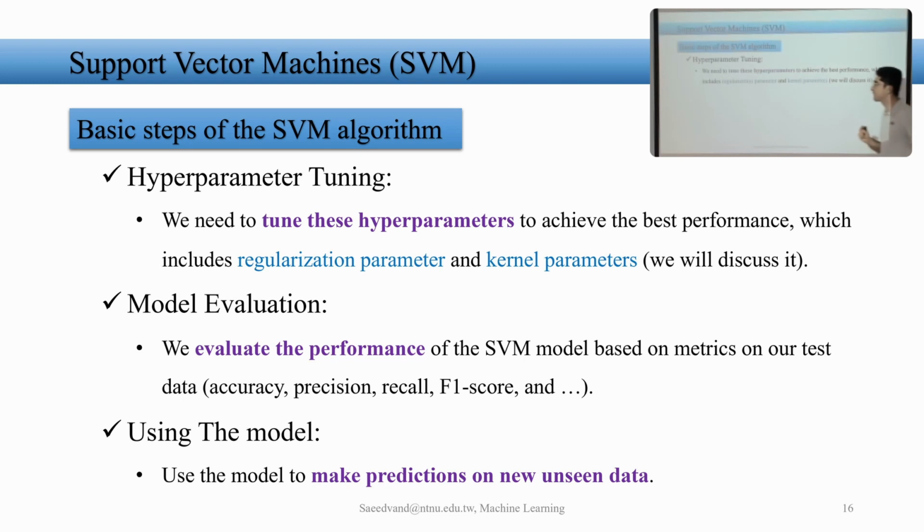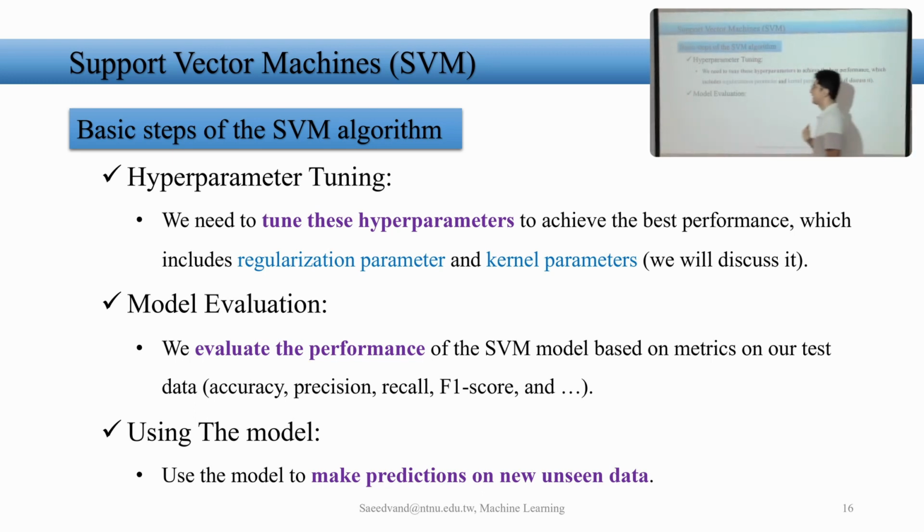So here we will have the same. There are some parameters that we need to tune to achieve the best performance of our classification task. This includes regularization parameters, for example C, and some kernel parameters that we will discuss later on. What is the kernel?